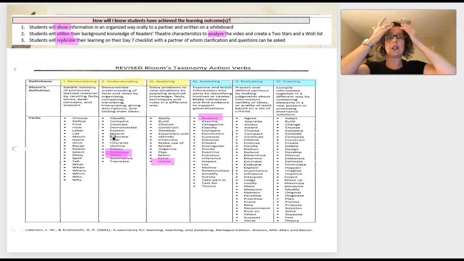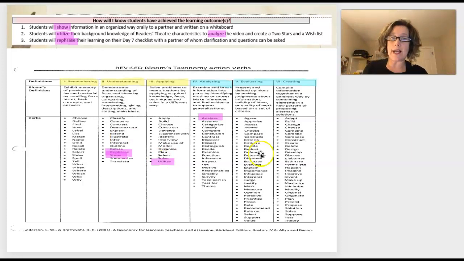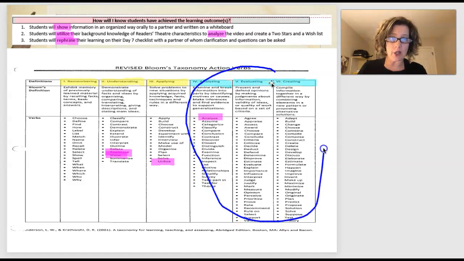They don't require as much thought. Whereas adapt something, improve something, test something, predict is a different level of thinking. Okay, so think about when we talk about higher level Blooms, these are the Bloom's verbs that we're wanting you to be thinking about.